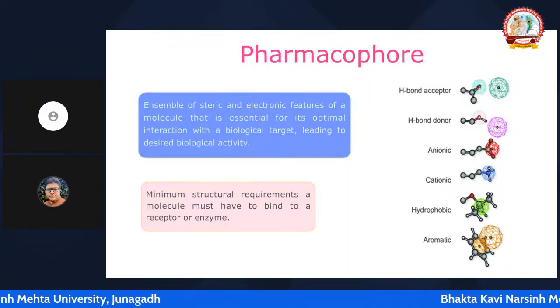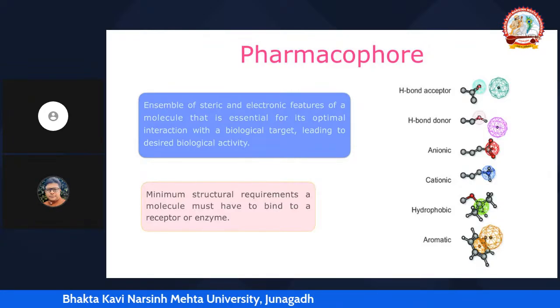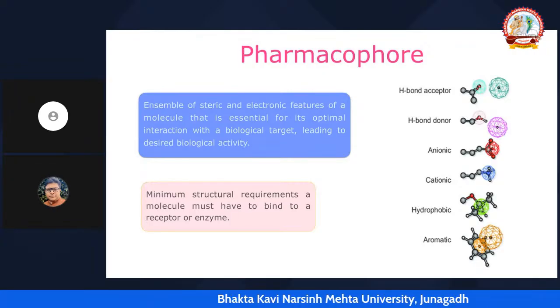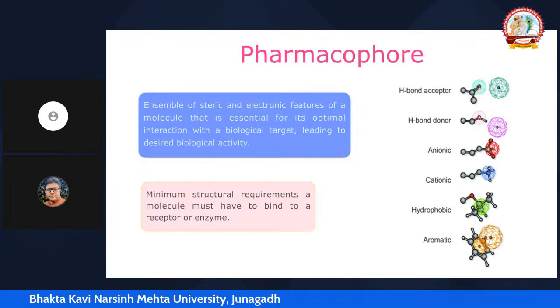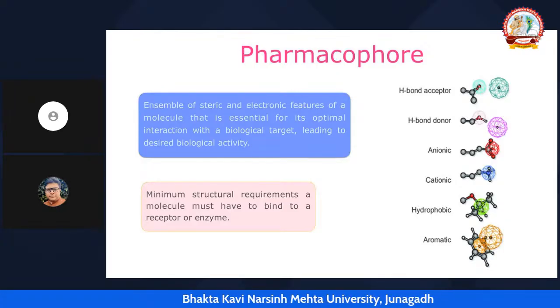Then the next one is pharmacophore. Okay, I will give a quick demonstration on this particular module. Pharmacophore is basically an ensemble of features in the molecule, which could be steric or electrostatic, which are essential for an optimal interaction with the biological target, which results in a desired biological activity.